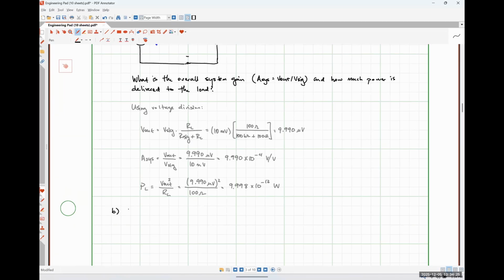So let's say the transducer was connected to a voltage amplifier, which is used to drive the load.